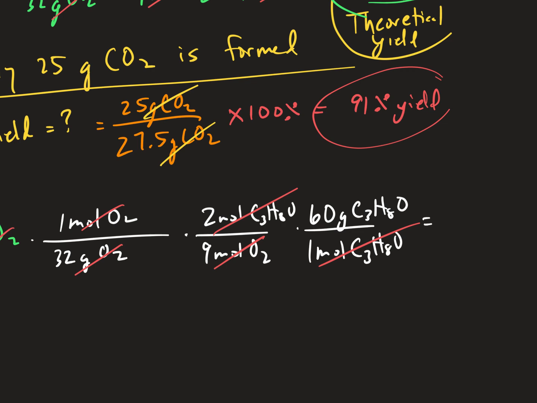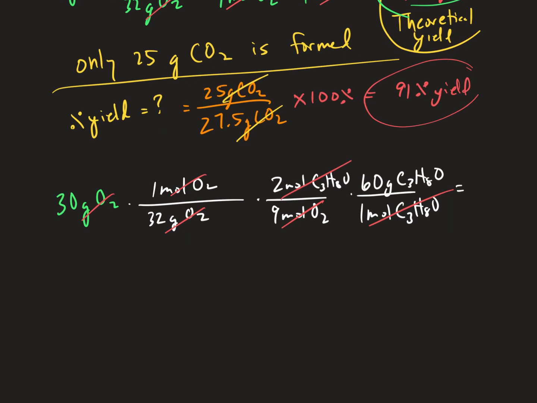And what does it give us? 30 divided by 32 times 2 divided by 9 times 60. Somebody get that for me. That's 12.5.